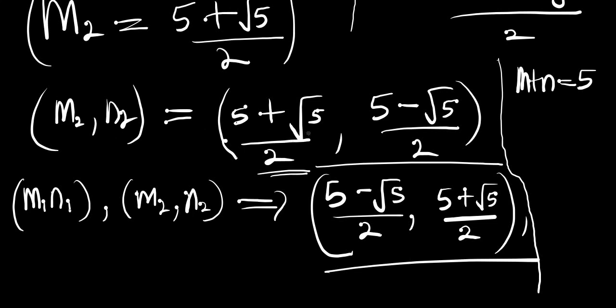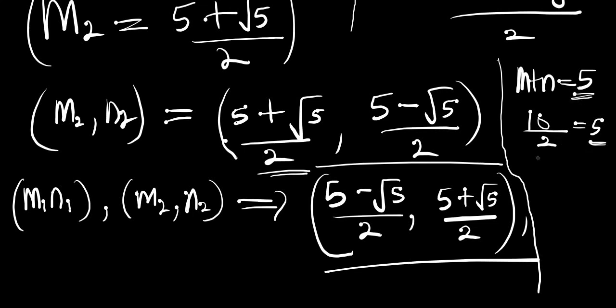If you add this, the bases are the same. Look at it, the bases here are the same. So you are simply going to have 2 here as the common denominator. So you add 5 plus 5, that is 10. Then positive root of 5 will cancel negative root of 5. So you have 10 divided by 2, which is what? 5. And this corresponds to what we had here.